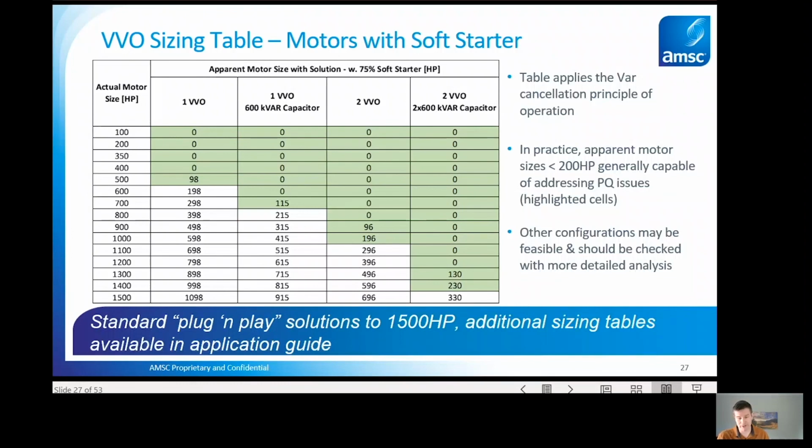Because the soft starter does reduce inrush by typically about 20–25%, it allows the solution to scale up to larger motors. So this is that table, same exact concept of apparent motor size, and we're able to get up to about the 1500 horsepower range now with our standard configurations.